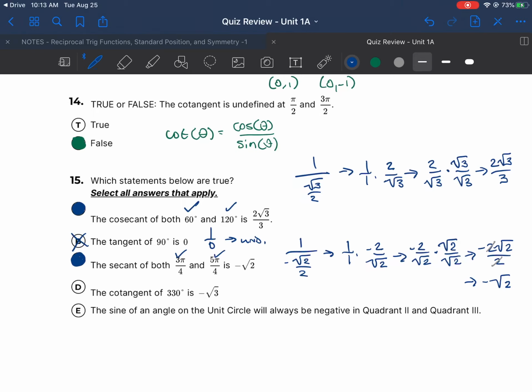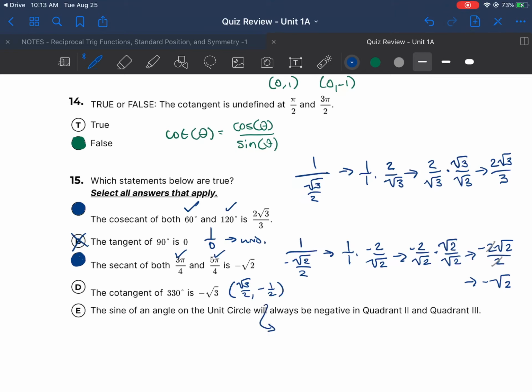All right, answer choice D. The cotangent of 330 degrees is negative square root of 3. So if we look at 330 degrees, that's root 3 over 2, comma, negative 1/2. That's the coordinate. And at this coordinate, remember that cotangent is the cosine divided by the sine.